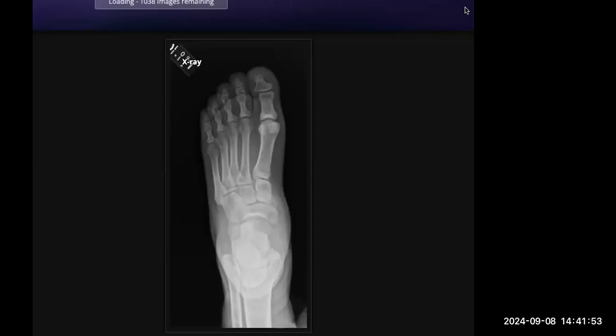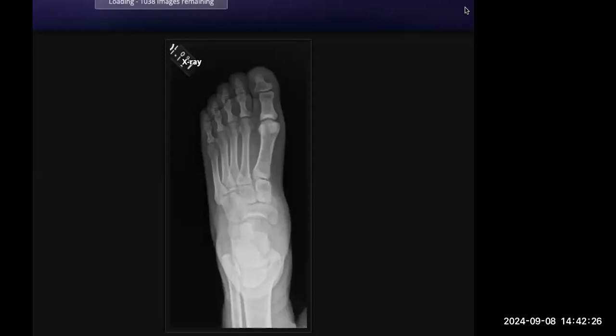The navicular, there's no obvious bone lesion. There is slight soft tissue swelling on the medial side of the ankle. I'm looking for any fractures along that side. I'm not able to appreciate any.